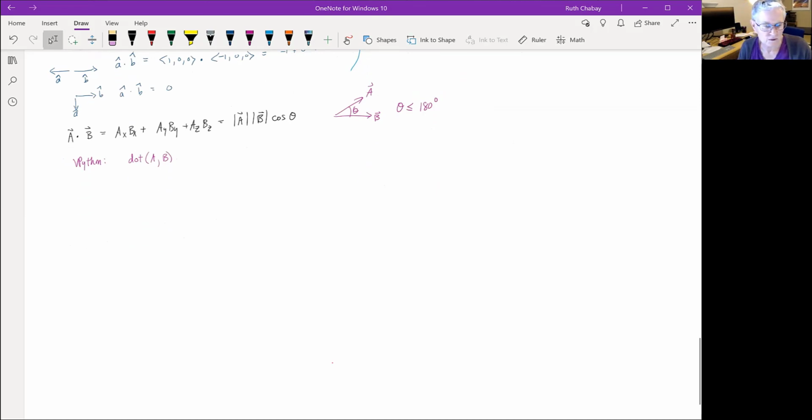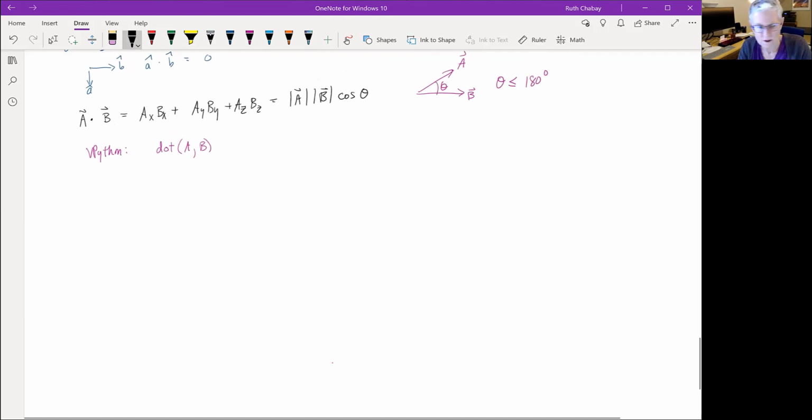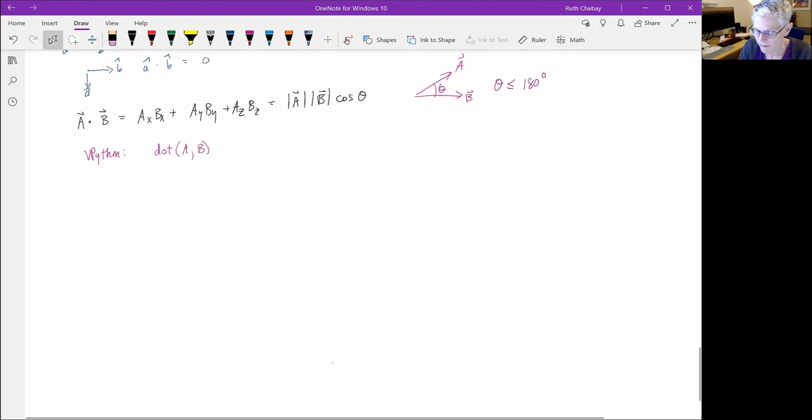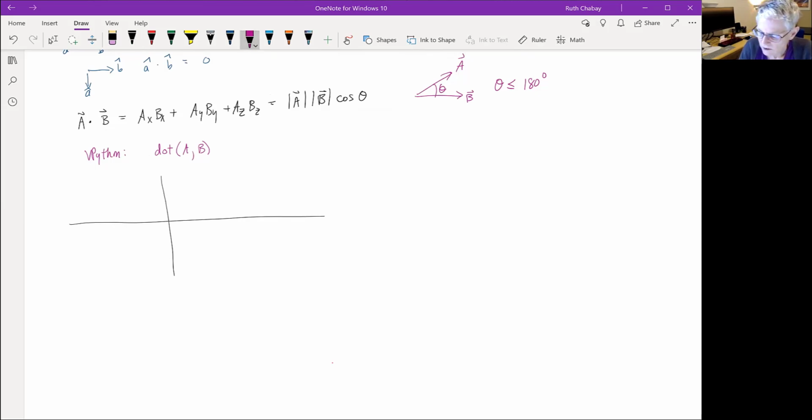So let's do an example. Suppose we have momentum of an object in a direction like that, and we apply a force on the object in a direction like that.